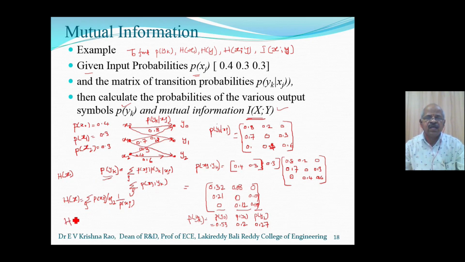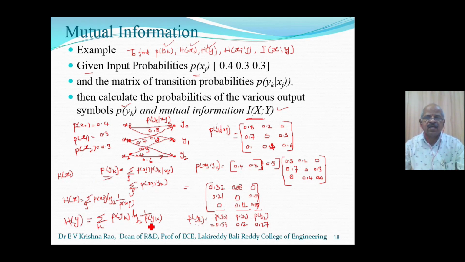And you can get H of y from the output probabilities P of yk. H of y is the sum for all k of P of yk logarithmic base 2 of 1 by P of yk.